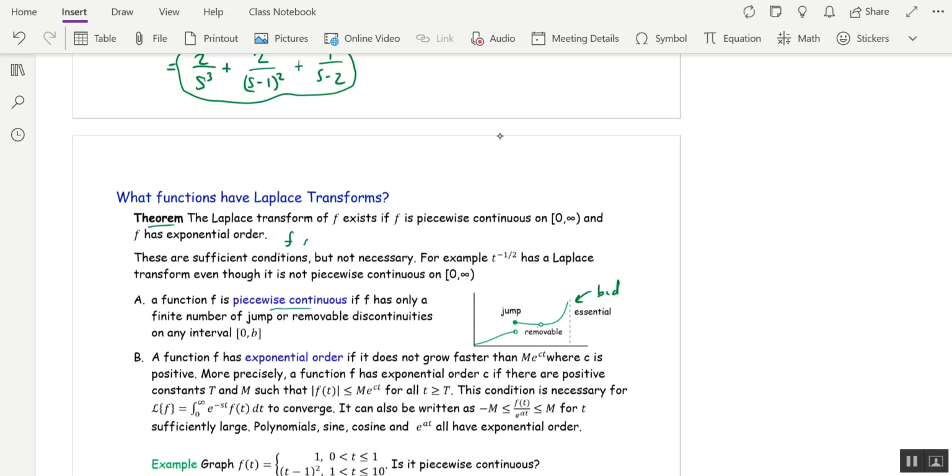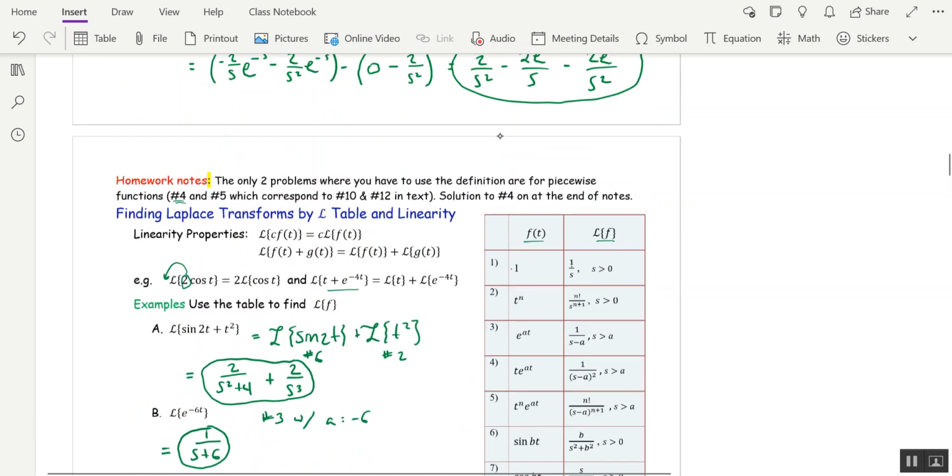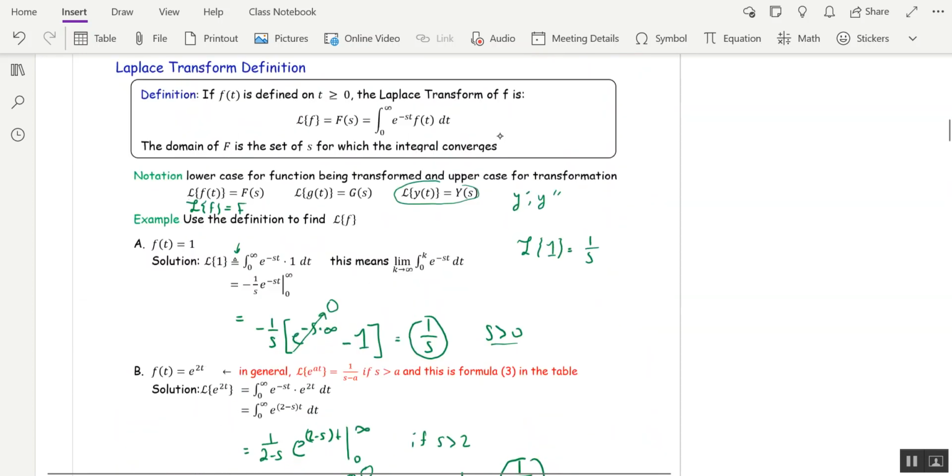than your typical exponential function that looks like a constant times e to the ct. So it doesn't grow too fast. Now, the reason for that requirement is, remember the definition of the Laplace transform. I go back here.